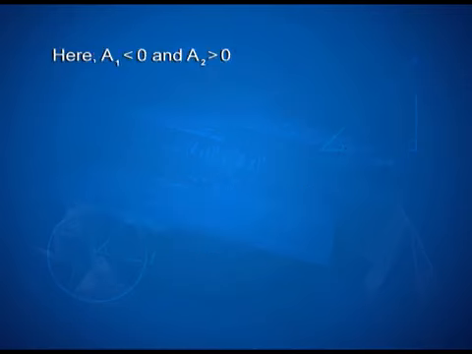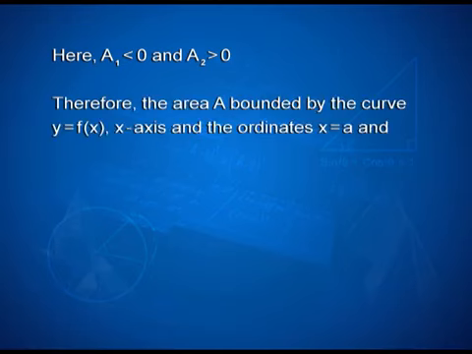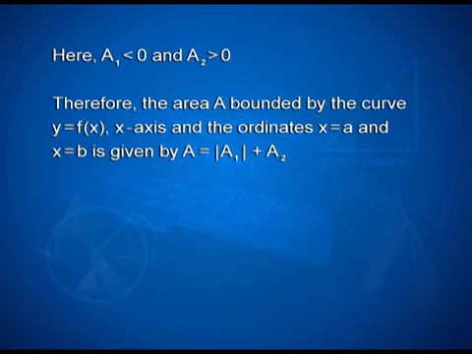Here A1 is less than 0 and A2 is greater than 0. Therefore, the area A bounded by the curve y = f(x), x axis and the ordinates x = a and x = b is given by A = modulus of A1 + A2.